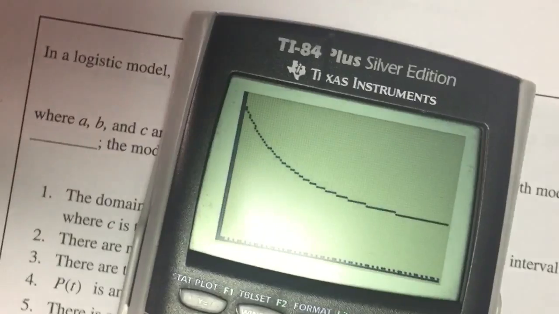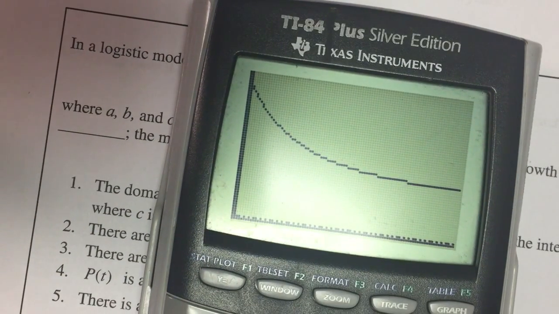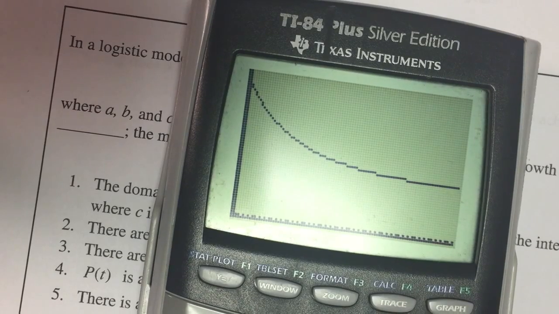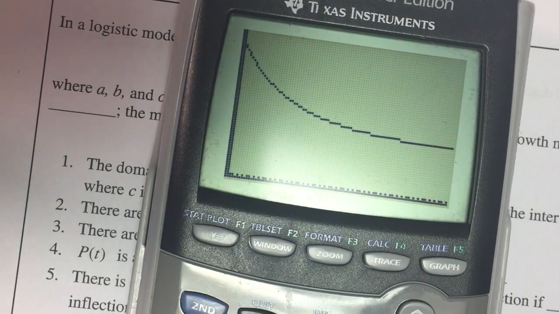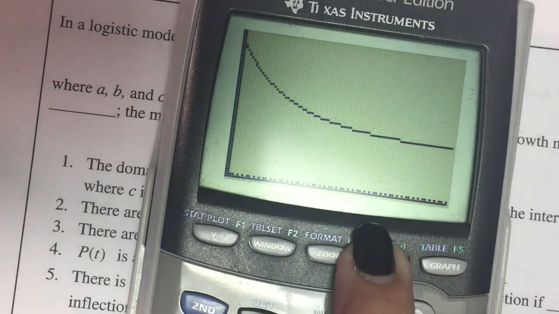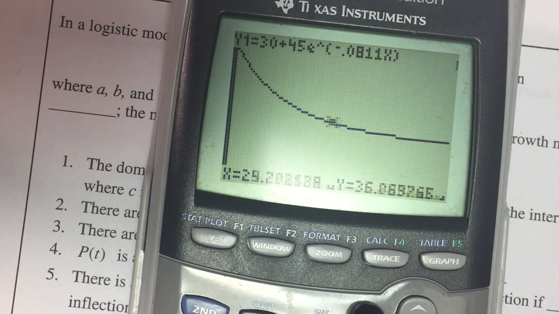Now, what does it want us to do with that equation? It says using the grapher, verify the results, so we could do that. Determine the elapsed time before the object is 35 degrees. So we want to know what is my x when my y is 35. If you press trace, you're looking for when y is 35.